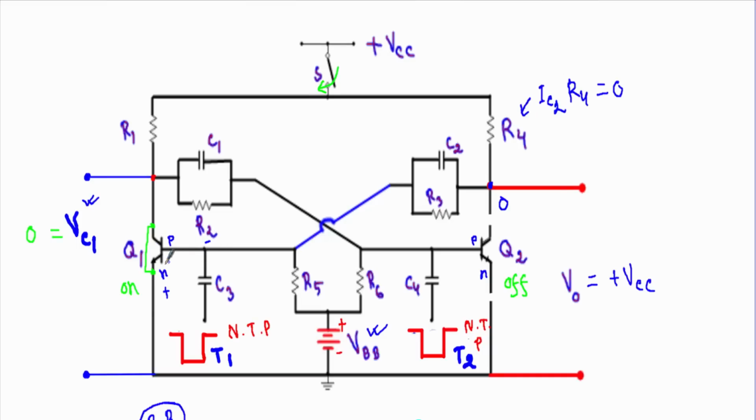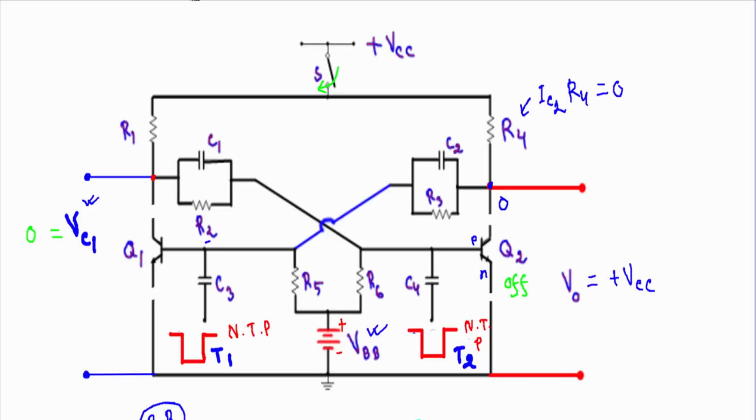If the base to emitter junction of the transistor Q1 is now in reverse bias, the transistor Q1 now will be in off state. And when the transistor Q1 is in off state, our collector and emitter terminals will get disconnected from this circuit.